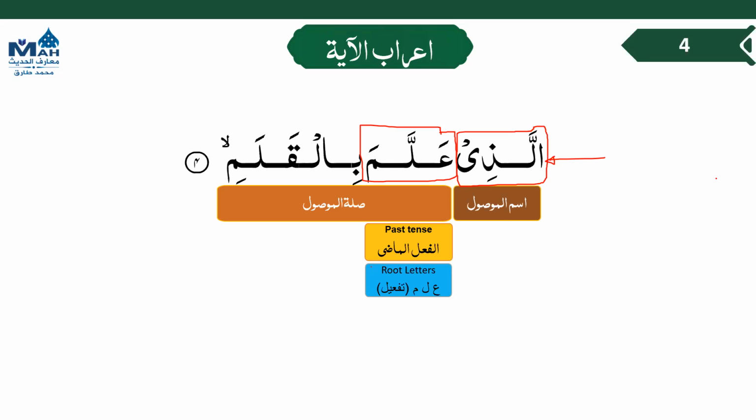Ain, lam, mim. From the simple form, alima ya'lamu, it means to know. From taf'il, it means to teach. From tafa'ul, it means what? He learned. To learn with efforts.